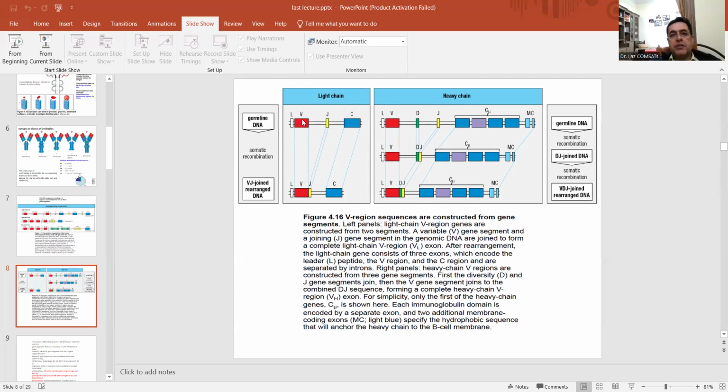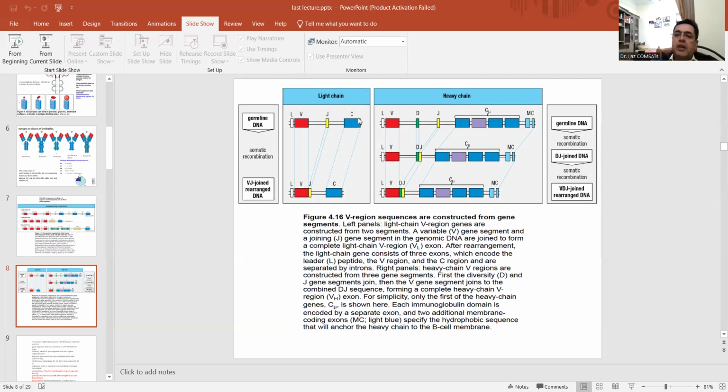There are leader sequences, variable sequences, joining sequences, and constant sequences. I had shown you in the previous slide that chromosome 22 or chromosome 2 have these different gene segments for variable, joining and constant region.